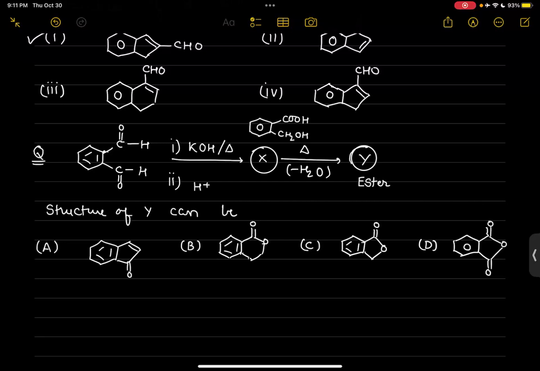What happens when you heat carboxylic acid and alcohol? Water is going to get removed. So just remove the water. This is intramolecular esterification because we are not adding any alcohol. So this is going to be the right answer.